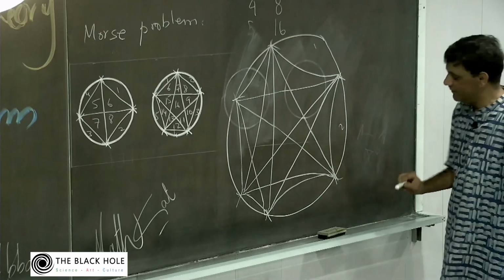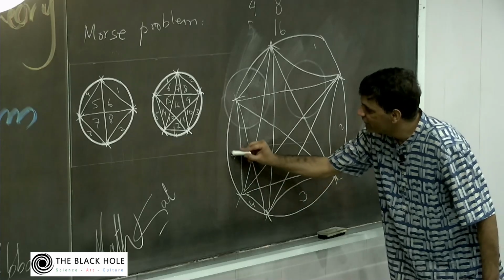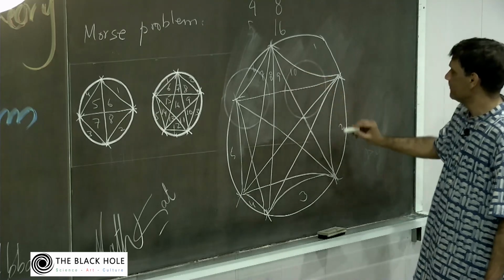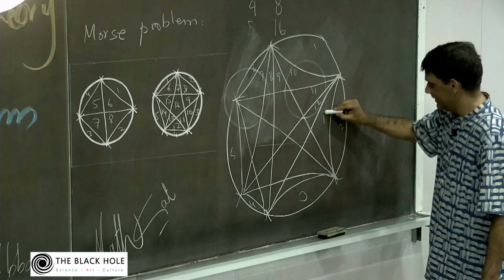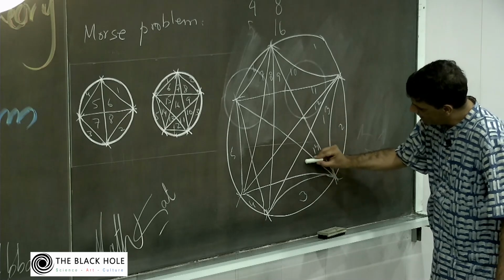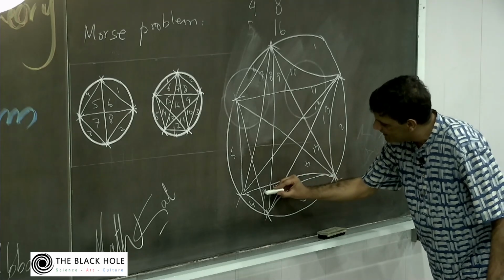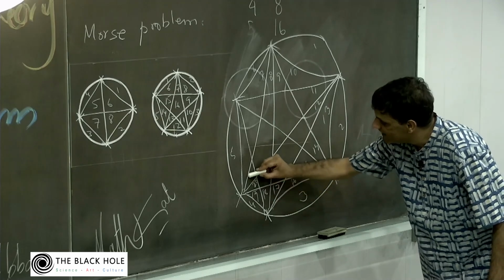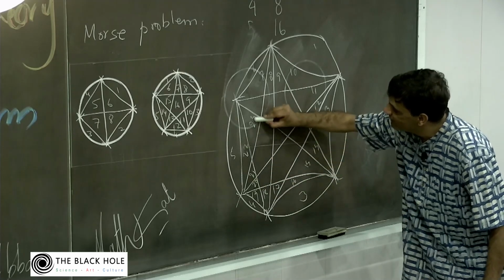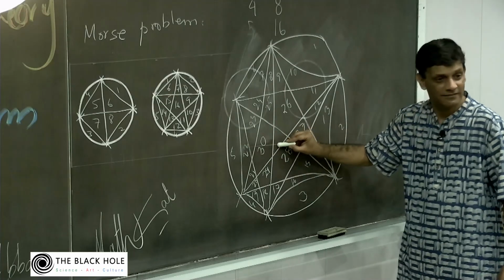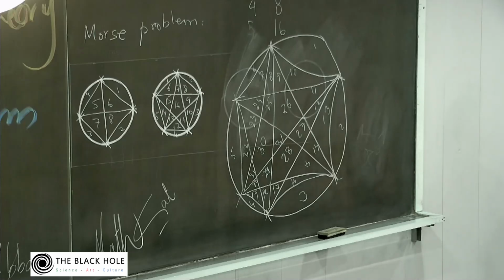Okay, good. 1, 2, 3, 4, 5, 6, 7, 8, 9, 10, 11, 12, 13, 14, 15, 16, 17, 18, 19, 20, 21, 22, 23, 24, 25, 26, 27, 28, 29, 30, and 31. So you don't get 32, right?